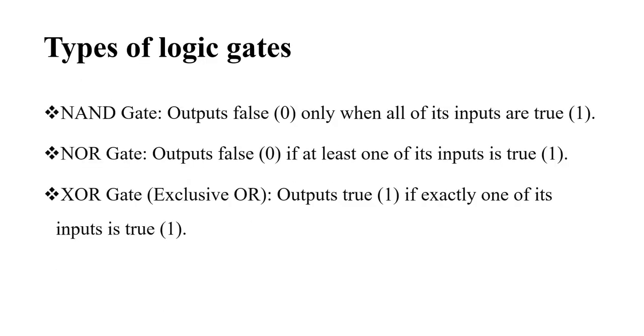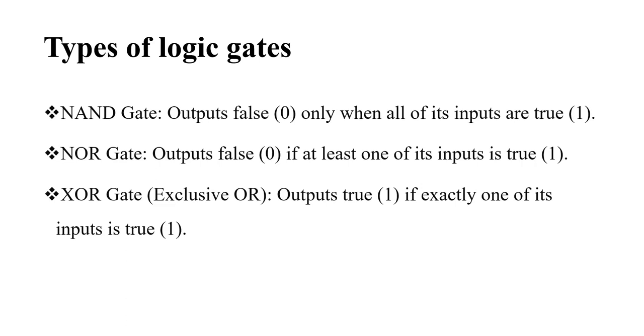Now we still continue with logic gates, and a NAND gate is an AND gate negated. A NOR gate is an OR gate negated. Now, what is an XOR gate, or what we call the exclusive OR gate?